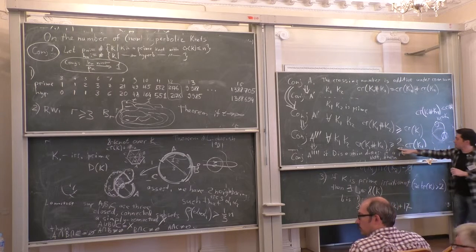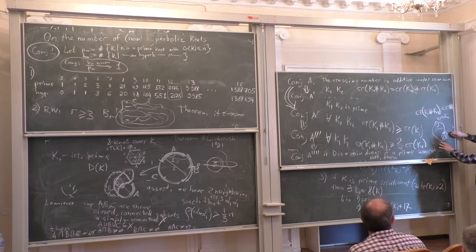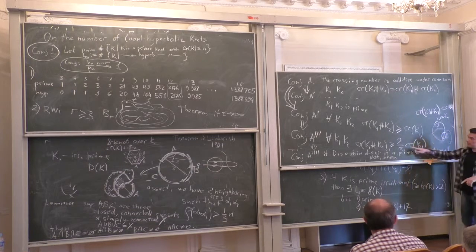And in this case it's impossible because I took such strings that deleting one of them, I delete not just some intersection, but at least 1/3 of the intersections. That's why it's enough to have this conjecture.